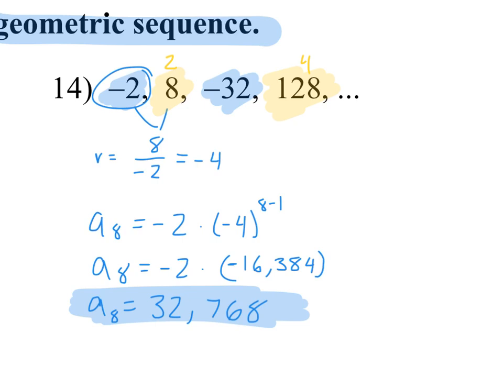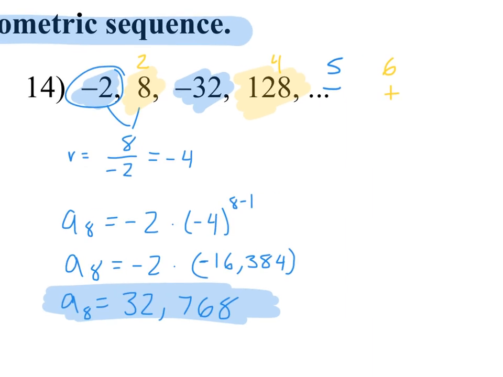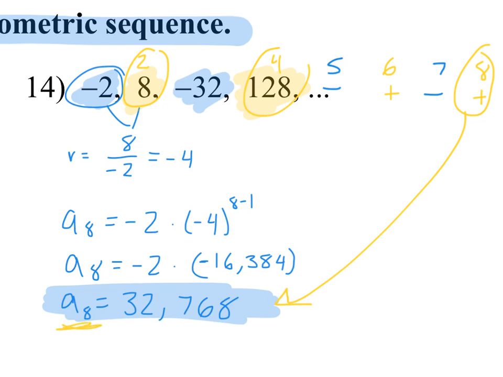So that would make our fifth term negative, our sixth term positive, our seventh term negative, and our eighth term positive. So again, all of the even terms are positive, so that's how we know that our answer is going to be a positive number, because we're looking for the eighth term.